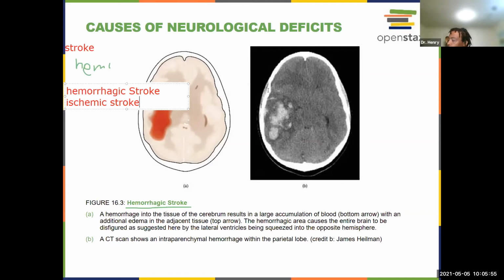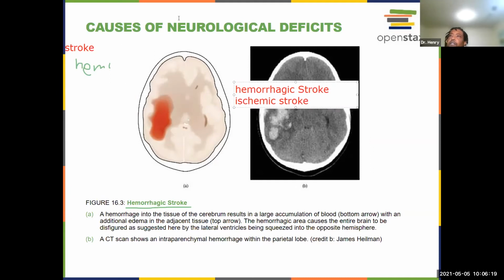So strokes are just one example of the causes of neurological deficiencies, not defects. Another example can be neurological degenerative disorders or diseases.